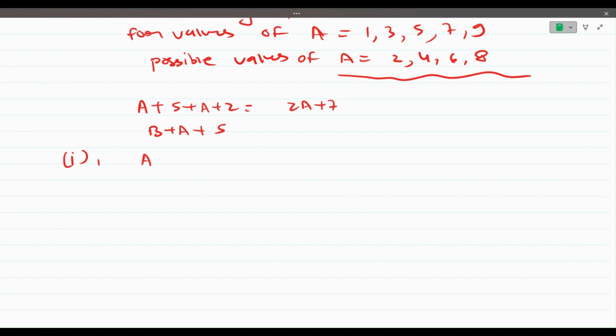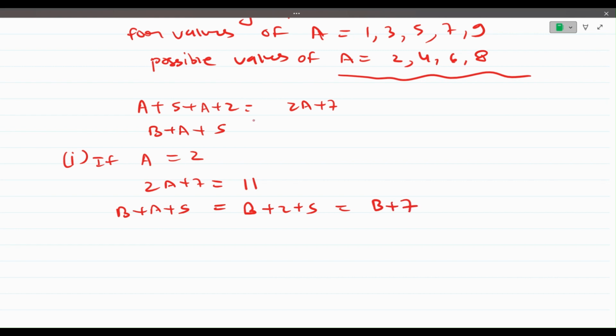So if A is equal to 2, in that case 2A plus 7 will be 11. And B plus A plus 5 would be B plus 2 plus 5, which is B plus 7.